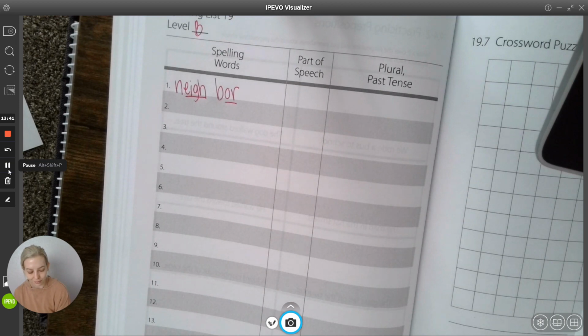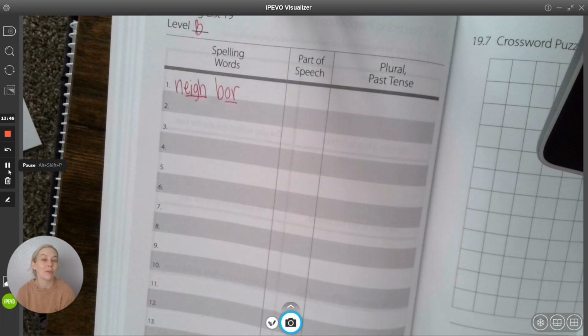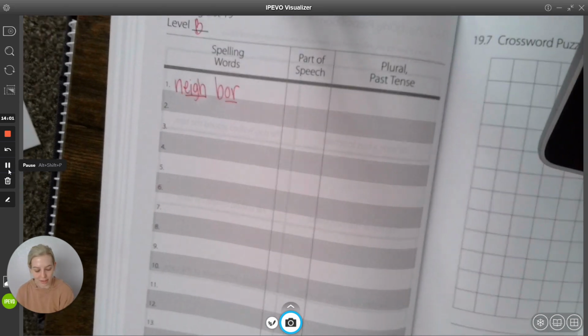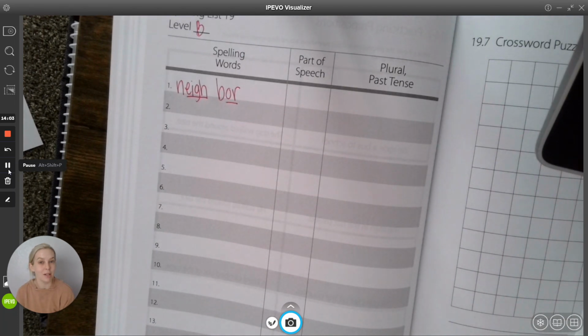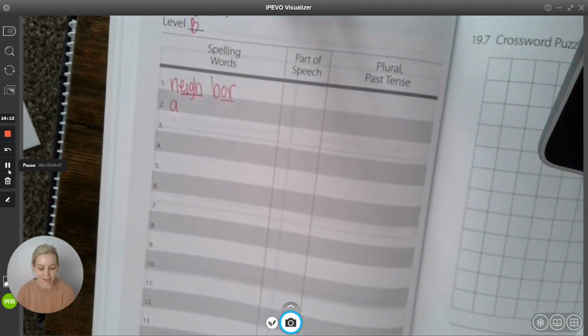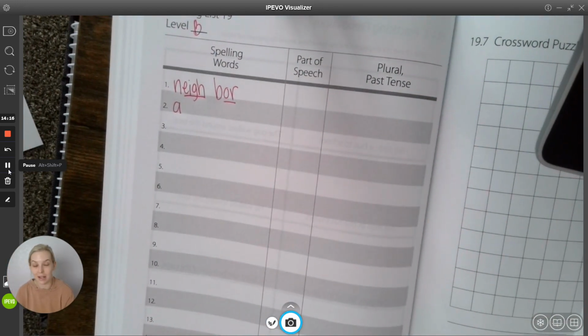Number 2, against. Against. This is another one I have to say weird. Normally we say it against, but we're going to pronounce it against. A boy leaned against the fence. Two syllables in against. First syllable is A. Let's sound it out. A, finger spell, A. Nice and easy. Second syllable is gainst. Finger, sound it out.